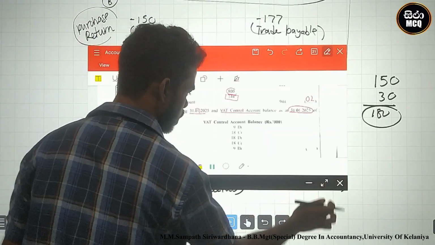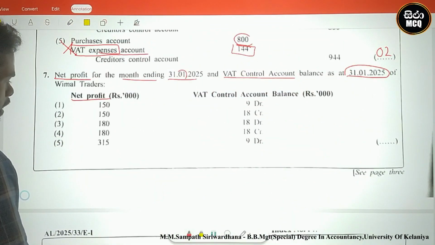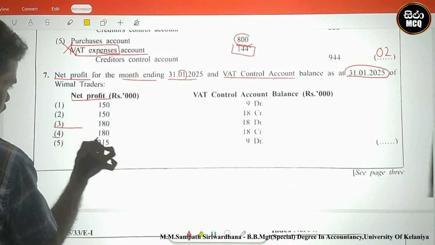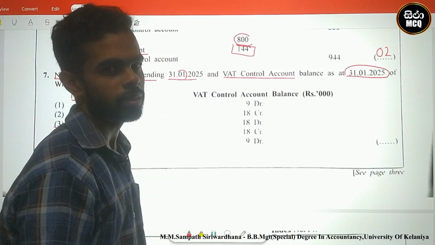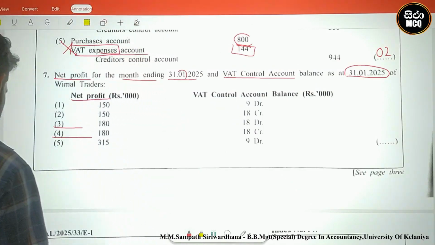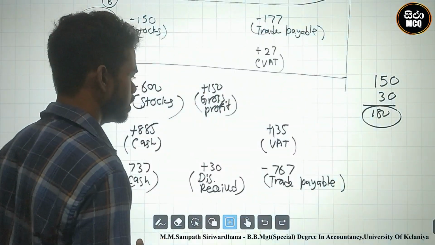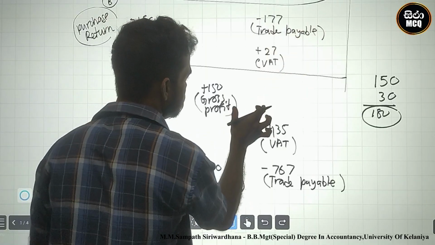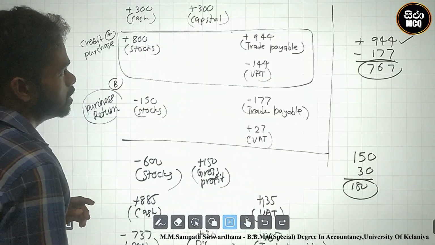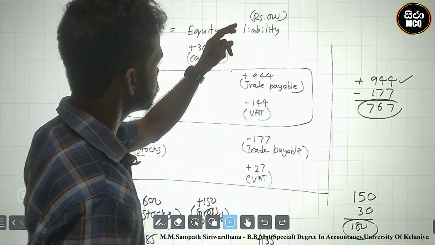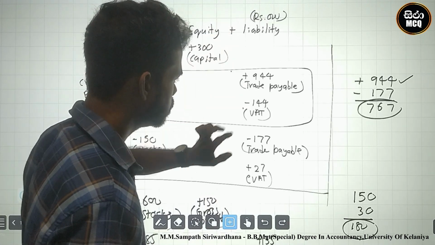There are some more answers. 180 is there. VAT control account balance: we can identify the VAT control account balance by plus and minus. The VAT control account is a liability. Look here, VAT short.